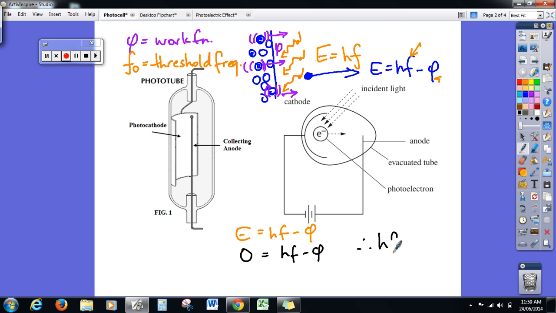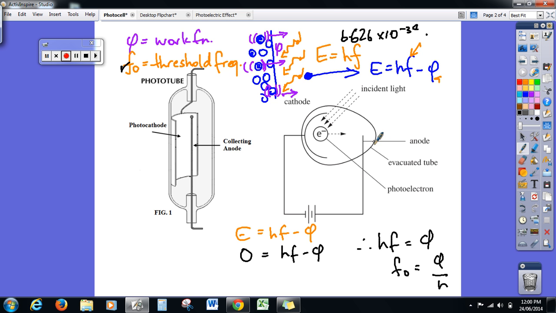Therefore, hf would equal phi, or threshold frequency would equal phi on h. Now h, of course, is Planck's constant, which is 6.26 by 10 to the minus 34. So we have a threshold frequency. That's the frequency of the lowest colour of light that makes this photocathode emit electrons, which are called photoelectrons.